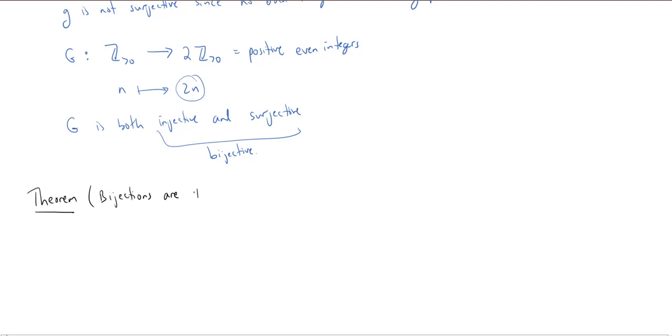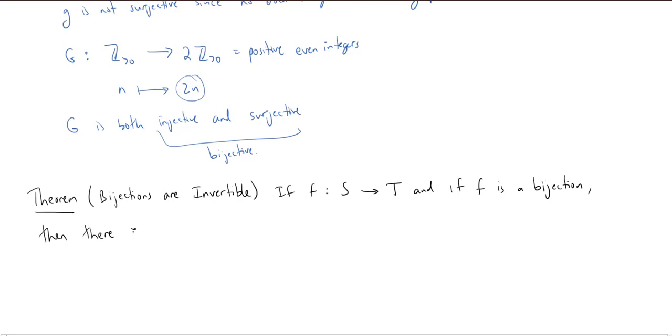So bijections are invertible. In words, if f is some function from S to T, and if f is a bijection, then there exists an inverse function.